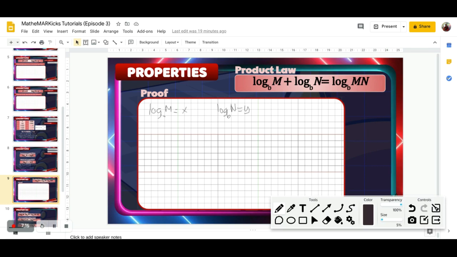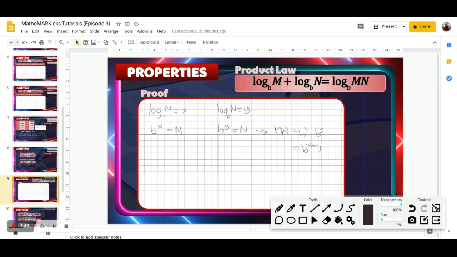Expressing each into exponential form, the base b exponent x equals the number m, and b raised to y equals n. If you're going to multiply them, mn is equal to b raised to x times b raised to y. By applying the properties of exponential equations, it is b raised to the quantity x plus y.